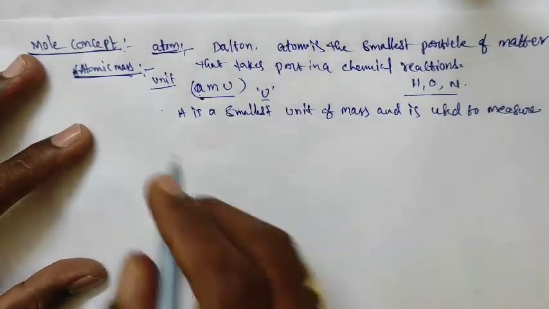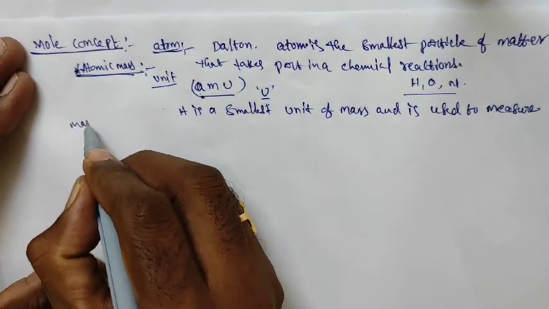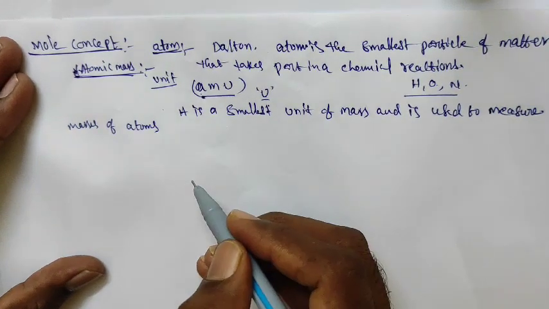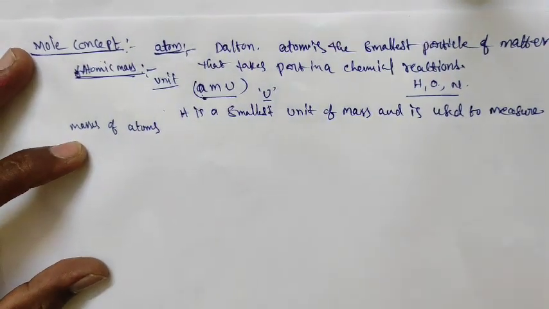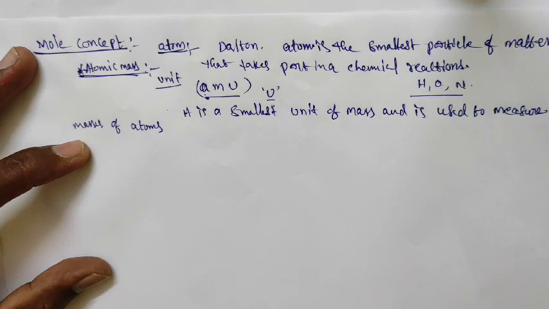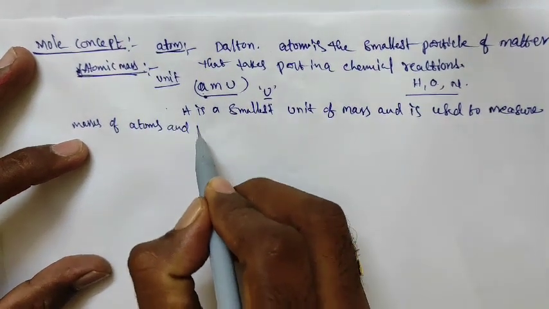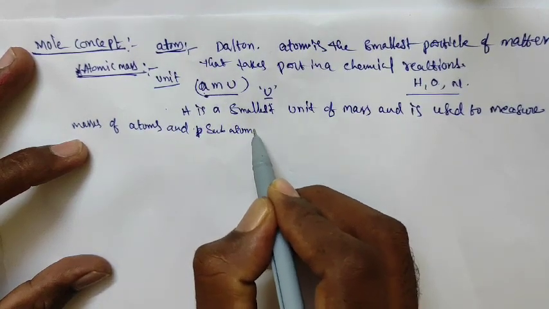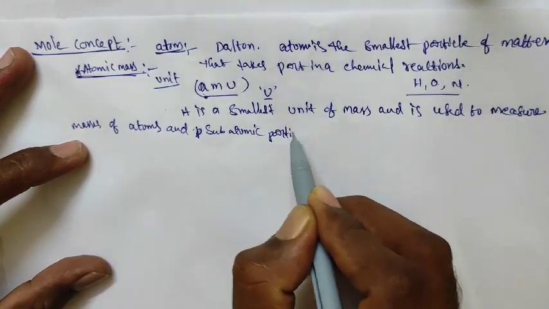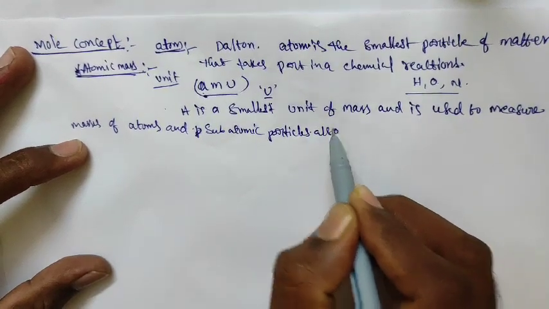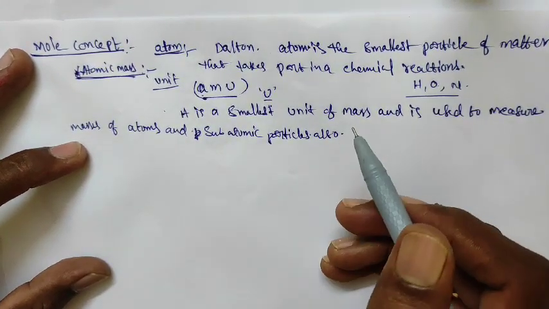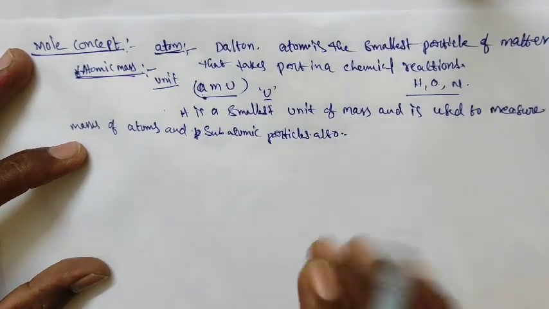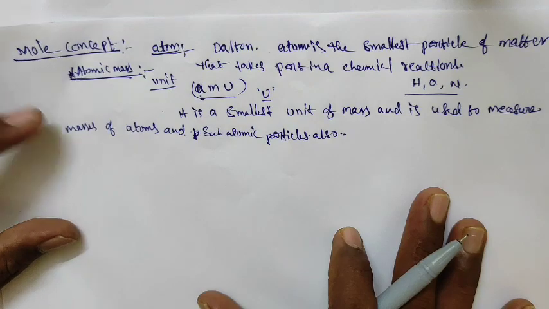It is used to measure the masses of atoms and subatomic particles also. What are subatomic particles? Subatomic particles means electron, proton, neutron.